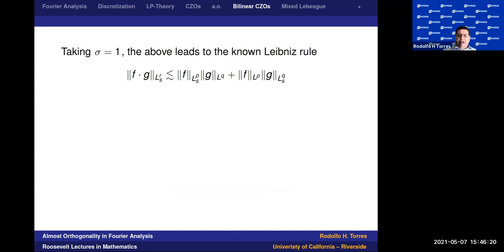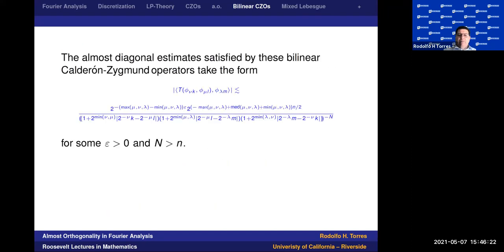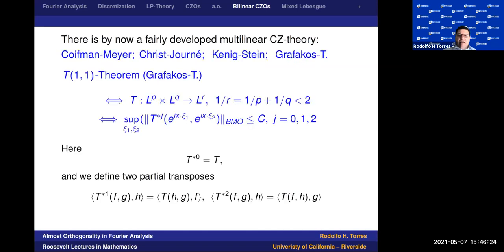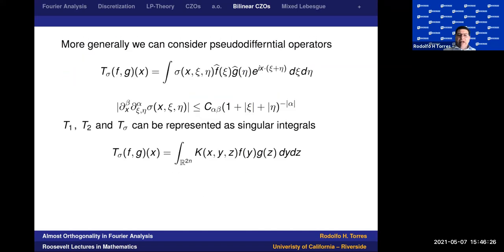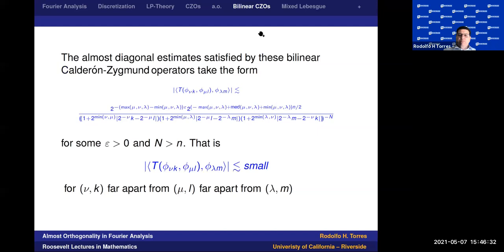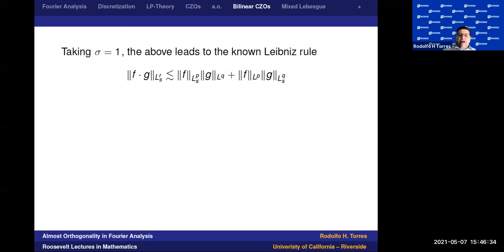But let me say that, going back here, we have this symbol here. Well, when this symbol is just the function one, this is just the product of functions. So in particular, we can use this to study Leibniz rule, or in other words, the derivative of products of functions. So in this case, we are measuring the derivative.